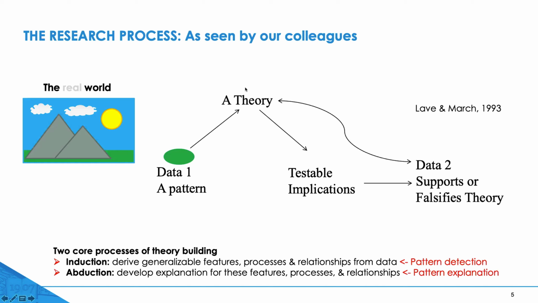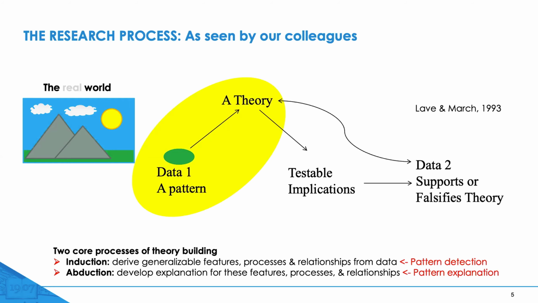The next step is to construct a theory or an explanation to explain the pattern observed. Next, we could also deduce from the theory a set of testable implications and verify those implications and the theory using a different set of data. So this is a general research process.